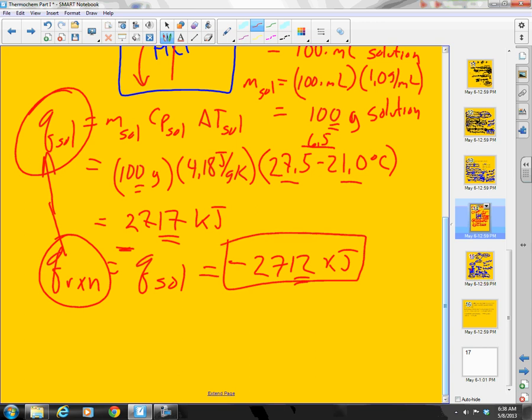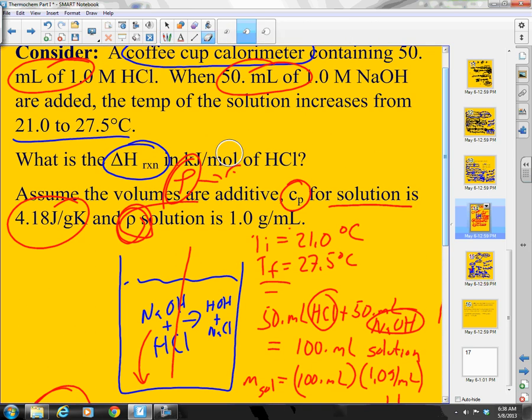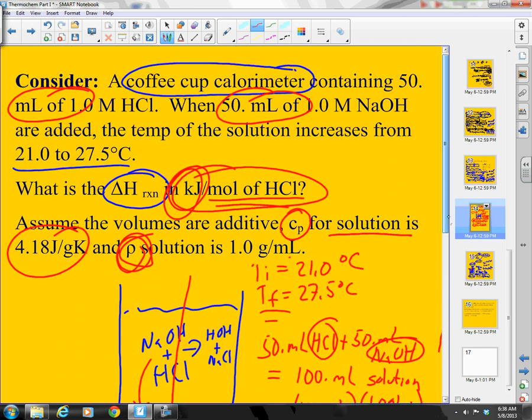There we go. Is that our answer? Not quite, because what do they want? Let's erase so we can see stuff. They want it in terms of kilojoules per moles of HCl. What do I have it in? I have it in just kilojoules. So what do I have to do? I have to take that number and divide it by moles of HCl. Well, how do I get moles of HCl?